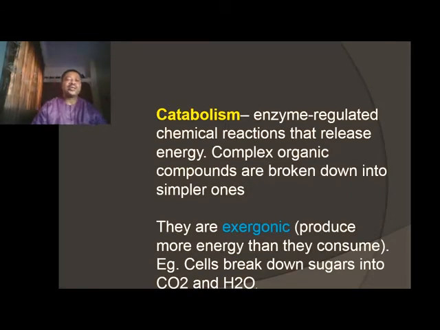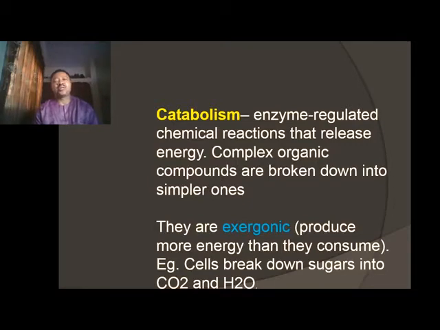Now, we can categorize metabolism into different types, the different reactions that constitute metabolism. The first of those are catabolic reactions, and we refer to it generally as catabolism. By catabolism, we mean enzyme-regulated chemical reactions that release energy.